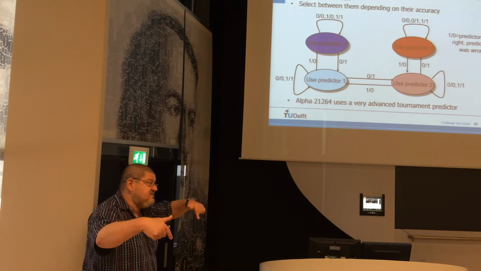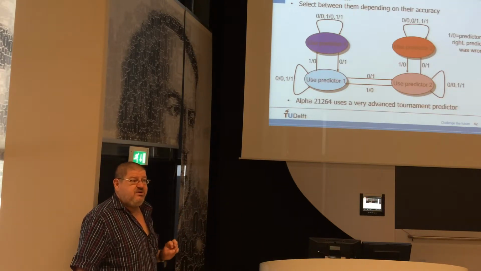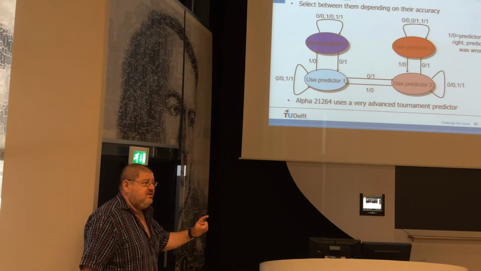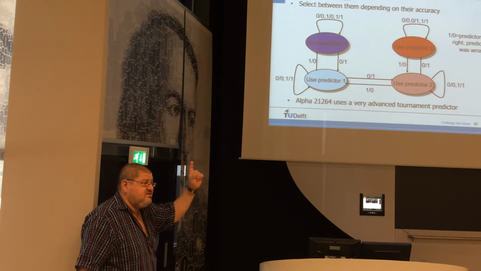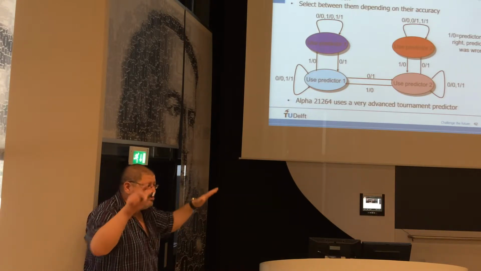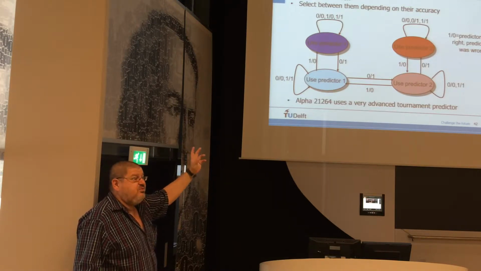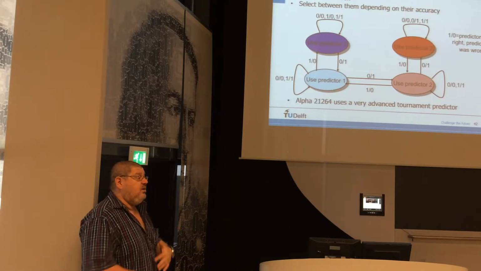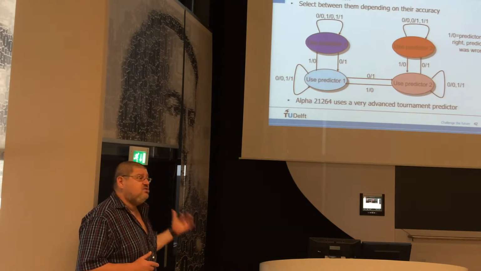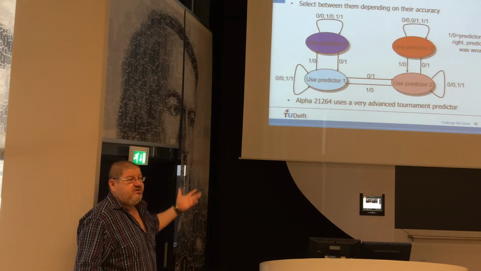If you are wrong twice, the other one will get the credit. Then it's the same principle as the 2-bit prediction, which is giving you the benefit of the doubt. You are wrong once, it's okay. You're wrong the second time, you will be penalized. I'm speaking in general, but in this case, it will be switched. The same principle is now for predictor 1 and predictor 2. They are working on a different kind of strategy. As I said, usually one is local, one is global. But this is a paradigm which you can apply on any type of predictor.